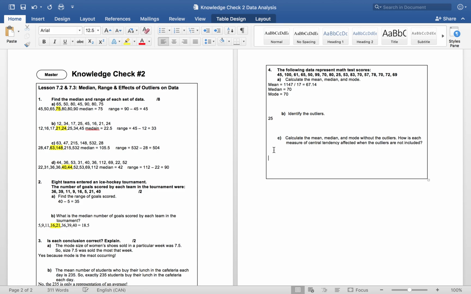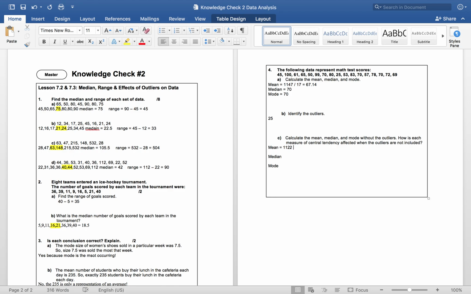So if I use 25 as an outlier, down here it asks us to calculate once again my mean, my median, and my mode. So for my mean, if I got rid of my 25 and I added all the numbers up except for 25, my total would be 1,122.